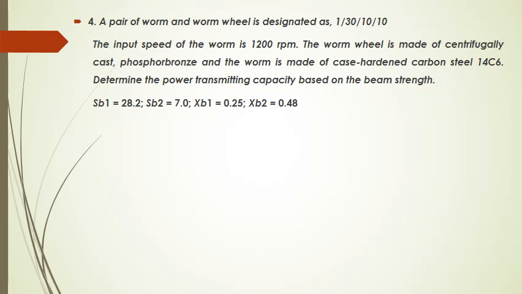Determine the power transmitting capacity based on the beam strength. Some values are given in the problem, that is SB1 is equal to 28.2, SB2 is equal to 7.0, XB1 is equal to 0.25, XB2 is equal to 0.48. Therefore we will see the solution.